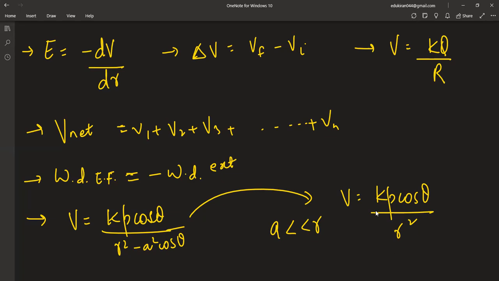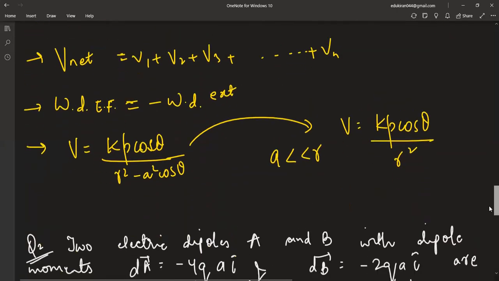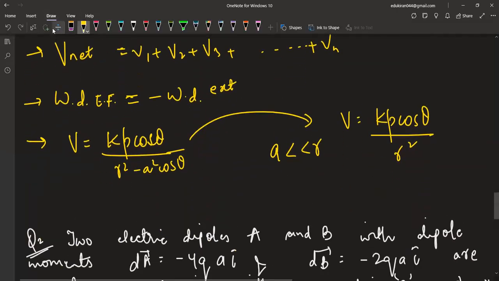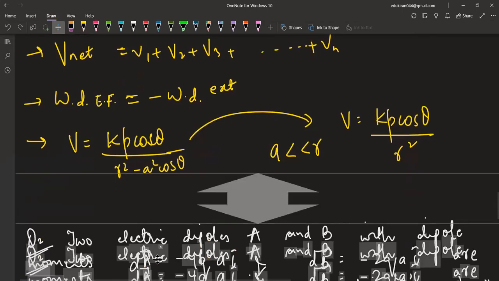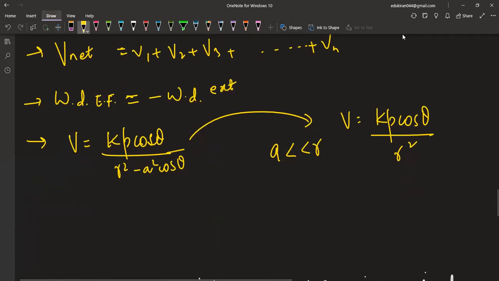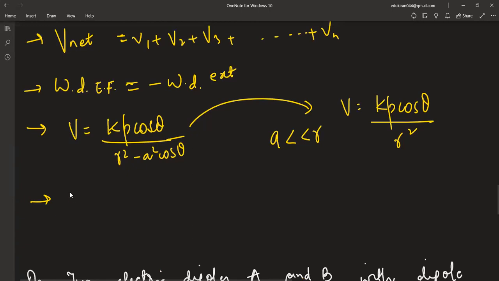So if we talk about the axial line and equatorial line, then Shahid, what will be the formula for the potential due to a dipole on the axial line and the equatorial line? For equatorial, it is 0, right?